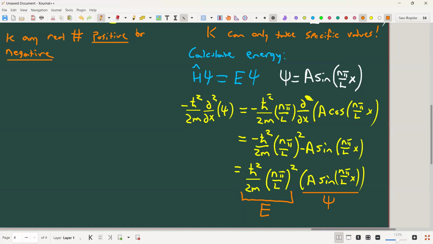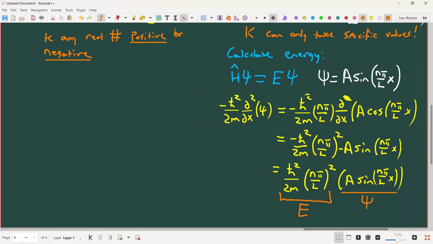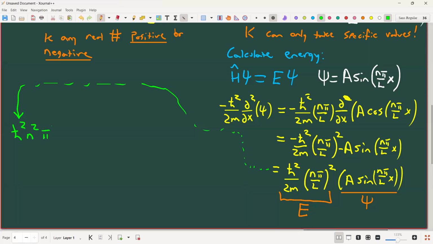All right, so let's just clean this up, because we got some squares and stuff. Okay. So we have h bar squared n squared pi squared over 2mL squared.